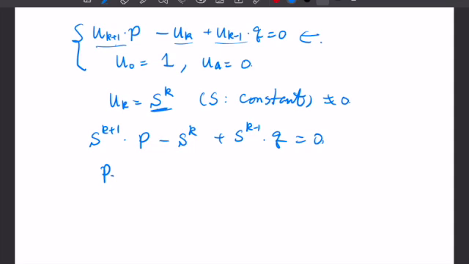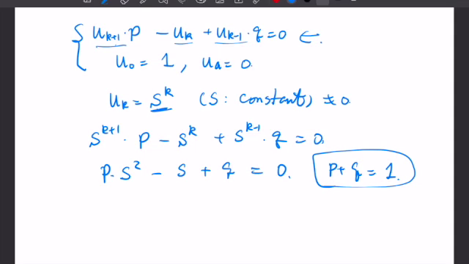Then we have p s squared minus s plus q equal to 0. And remember, we have p plus q equal to 1, because that's the definition of q. So we can rewrite this equation with s replaced by (p plus q) times s.